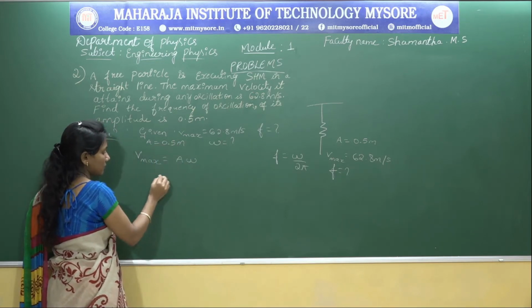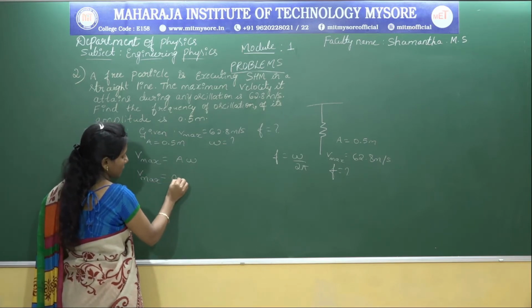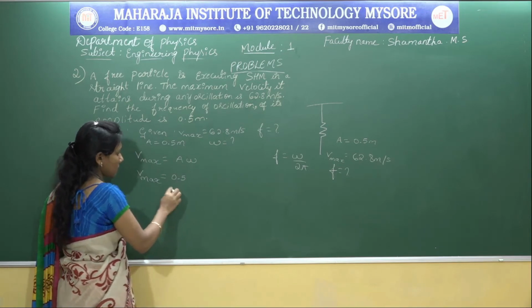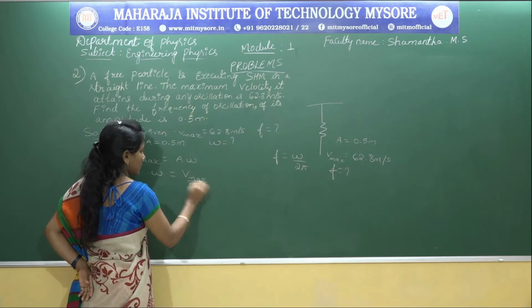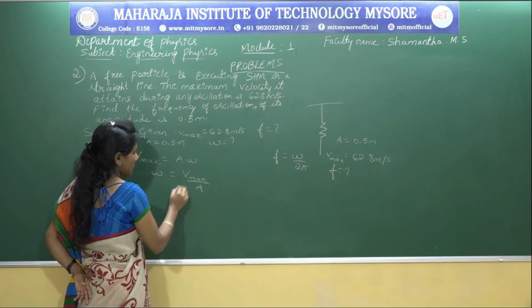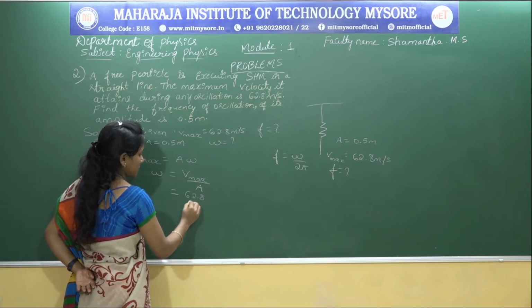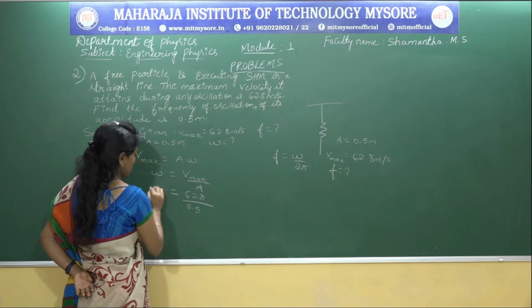Now substitute: Vmax is equal to A omega, so omega is equal to Vmax by A. Now substitute Vmax 62.8 and the amplitude 0.5.